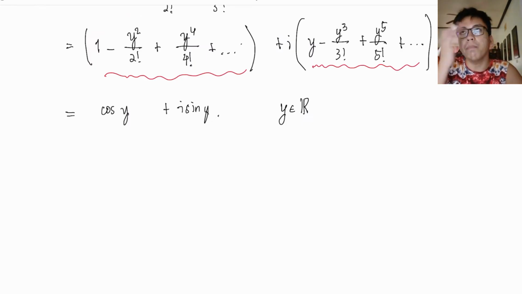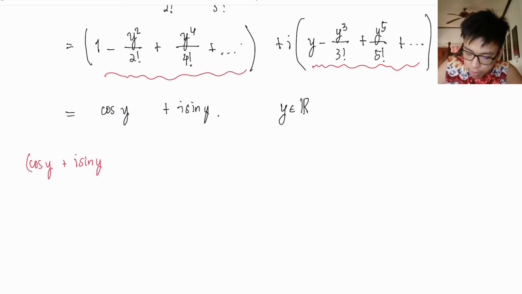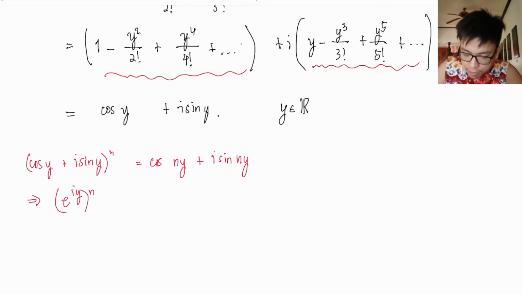Now observe that using the familiar de Moivre law, cosine y plus i sine y raised to n is the same as cosine ny plus i sine ny, which further implies that e to the iy raised to n is the same as e to the iny.